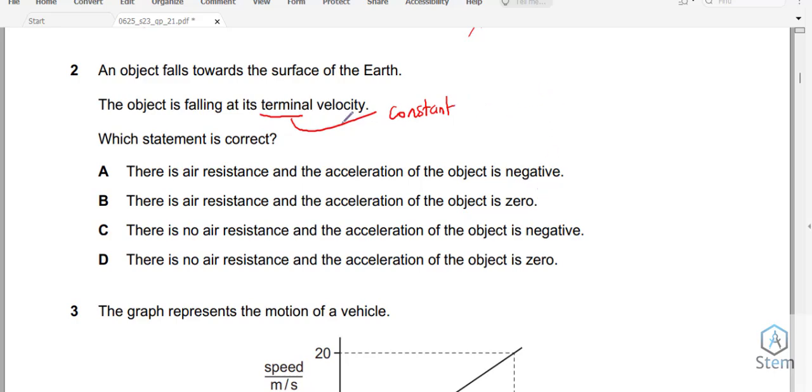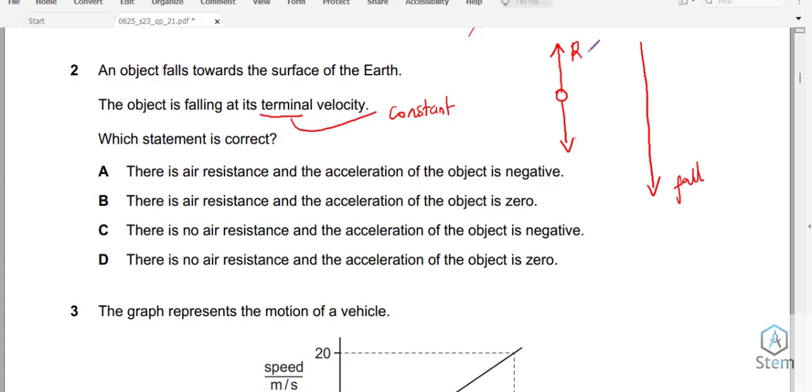One thing we know about terminal velocity is that when an object reaches terminal velocity on its fall, let's say it's falling in this direction, that means the resistive forces and the forces which are responsible for acceleration are balanced.